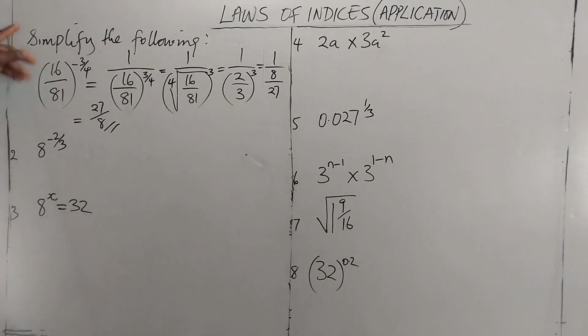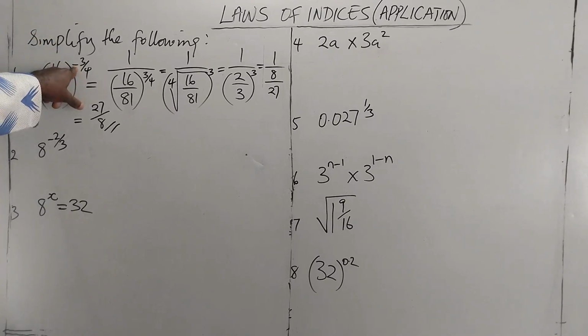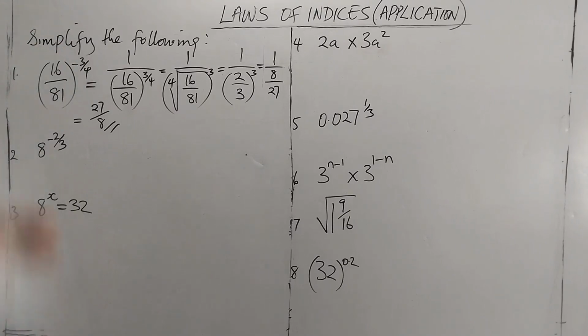So you can see we applied 2 laws here, the negative index law and the fractional index law, in order to arrive at the final answer. Question number 2 is similar to question number 1.